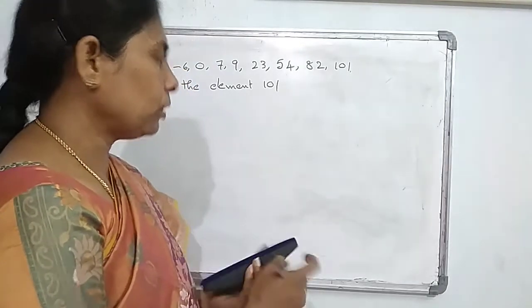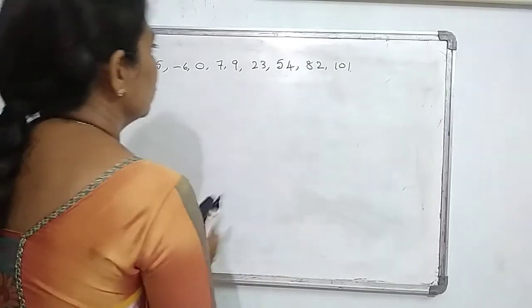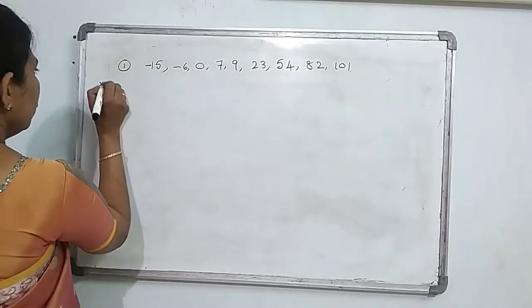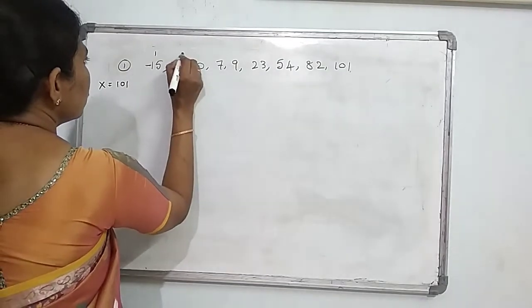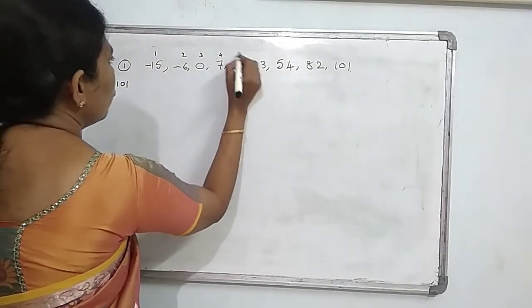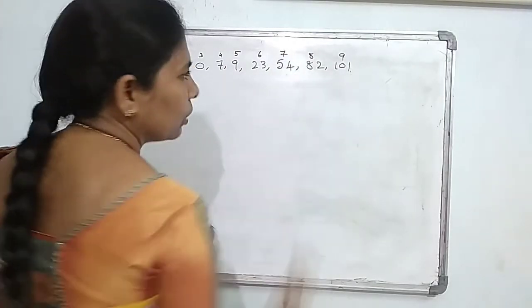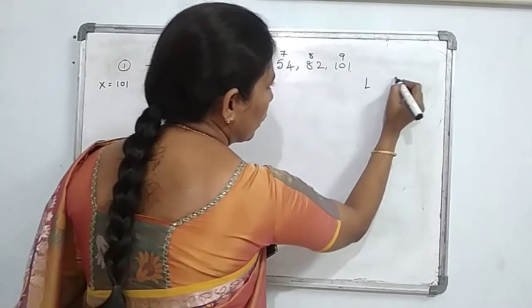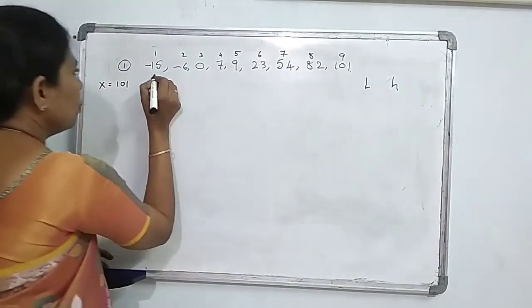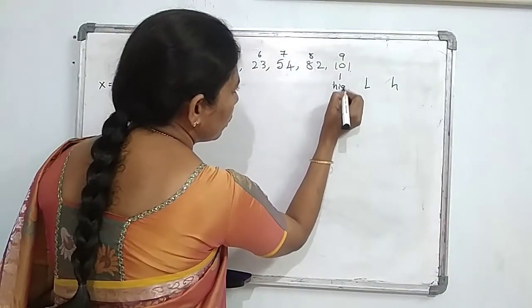Okay, now I will give you the process. The key element x equals 101. The array elements are 1, 2, 3, 4, 5, 6, 7, 8, 9, total 9 elements. In that, you have the low and high values. 1 is the low and 9 is the high.